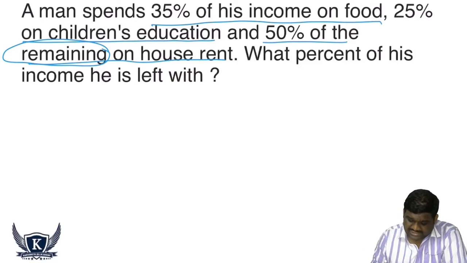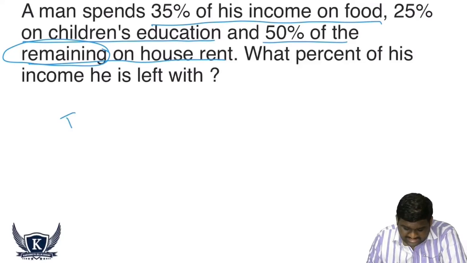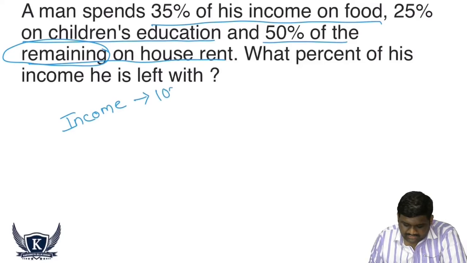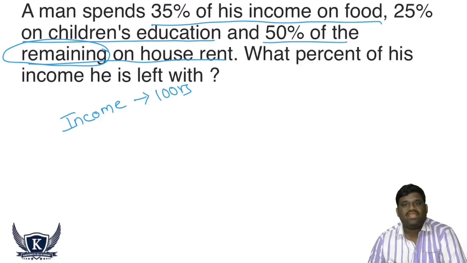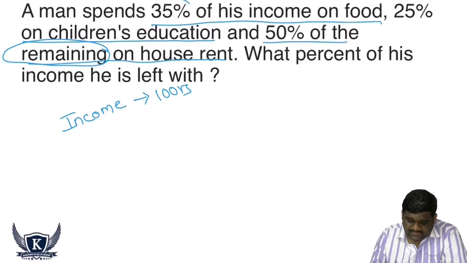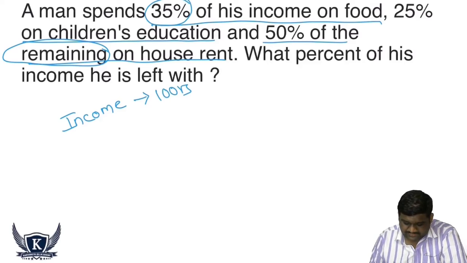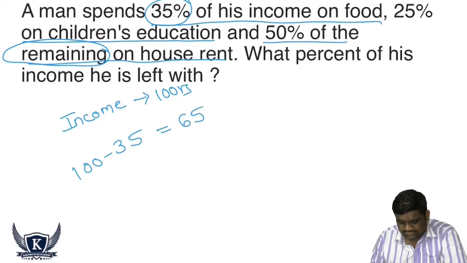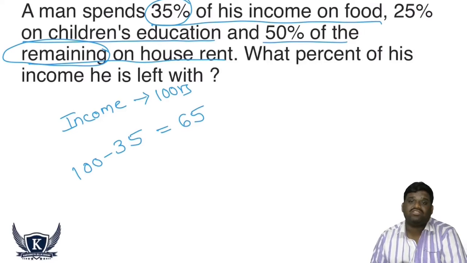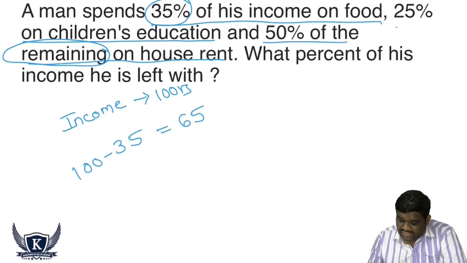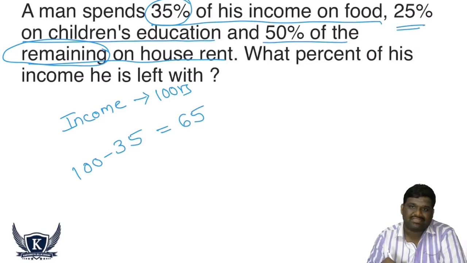So let us assume his income is 100 rupees. If his income is 100 rupees, he spent 35% on food. That means he paid 35 rupees for food. 25% on children's education. Here 25% is on the salary, it is not on the remaining. So I need to subtract this 25 also from 100.